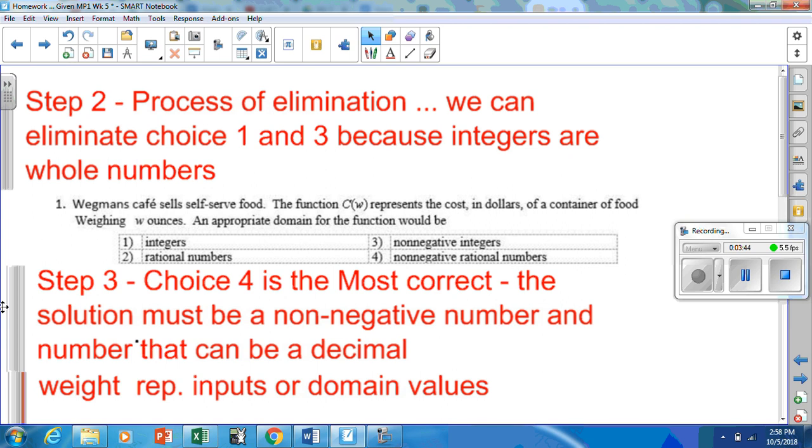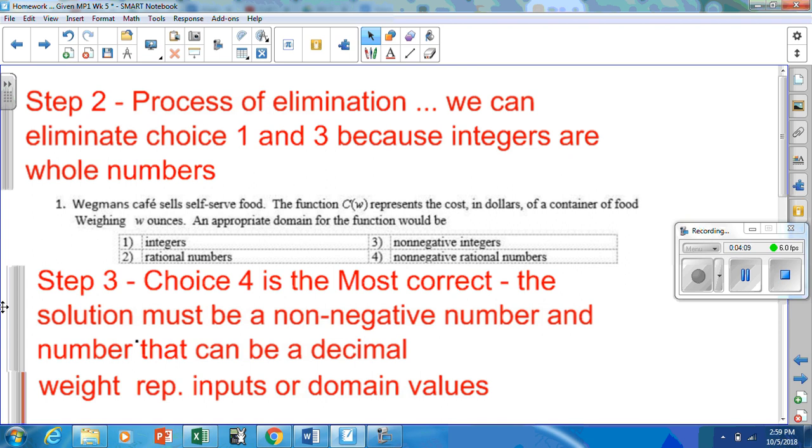So we could actually have 5.5 ounces. So it does not necessarily need to be a whole number. Because it doesn't necessarily need to be a whole number, that leaves us with choices 4 and 2.